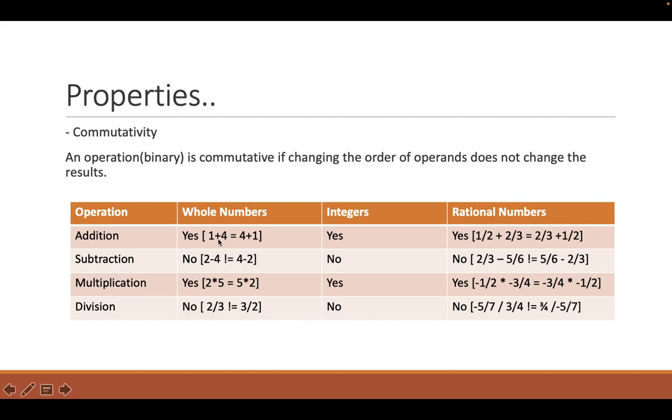Yes. If you change the operands, the result doesn't change. Same for integers, same for rational numbers. Subtraction, is it commutative? No. You change the operands, the result is different. Same for integers, same for rational numbers. The answer is no. Subtraction is not commutative.